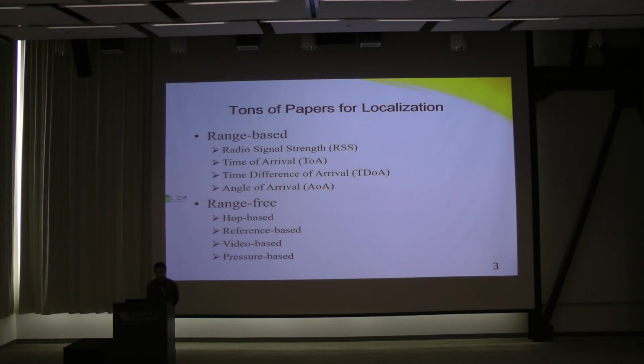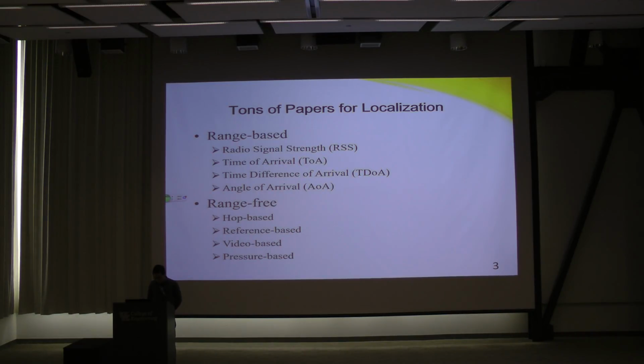TDOA is a very usual method used by the GPS, and everyone knows the GPS. But why can the GPS not be used for indoor localization? Because the GPS signal cannot pass through the walls of the building, so the GPS cannot give us a very accurate indoor localization.